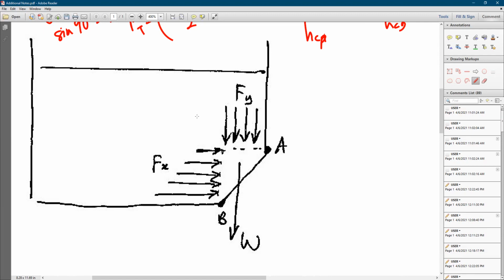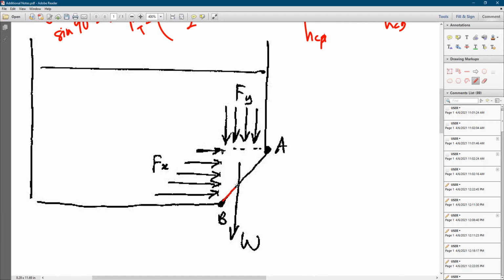Okay, but for now, I want you to focus on this. Now, if you want to solve a problem which generally looks like this, normally we want to calculate the forces acting on this particular door, door AB.